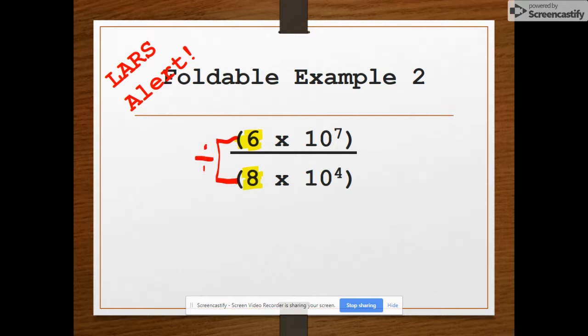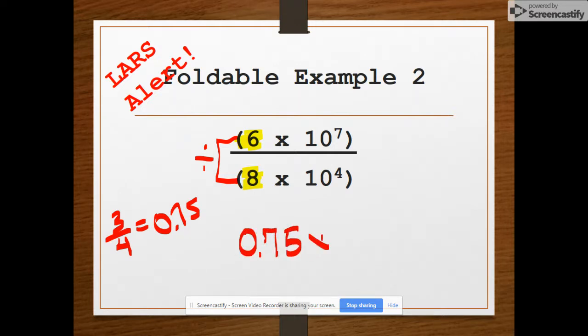When I look at 6 divided by 8, I can look at this in a few different ways. I can go ahead and do the division, or I can think of it as a fraction, as that's what division is represented by. And I know that if I simplified 6 divided by 8, I would get 3/4. And I know that 3/4 is equivalent to 0.75.